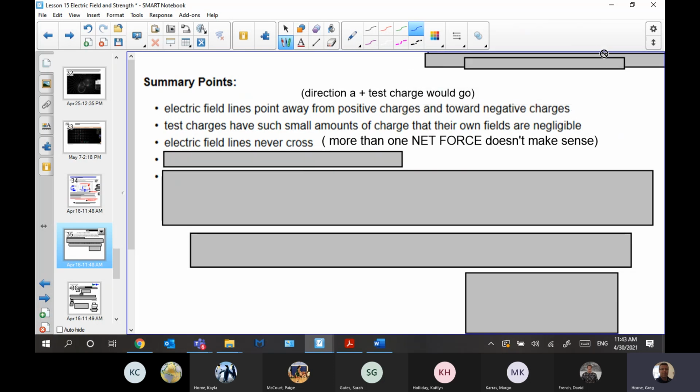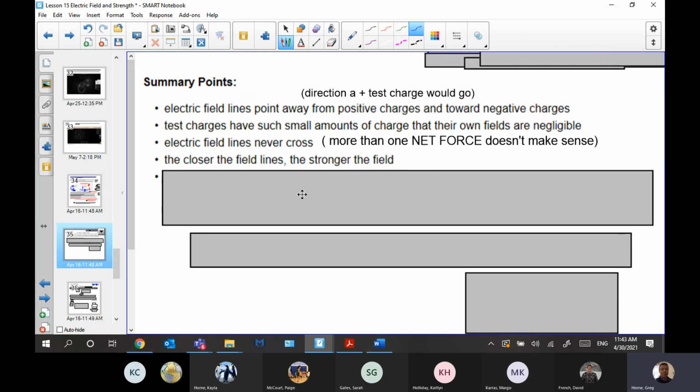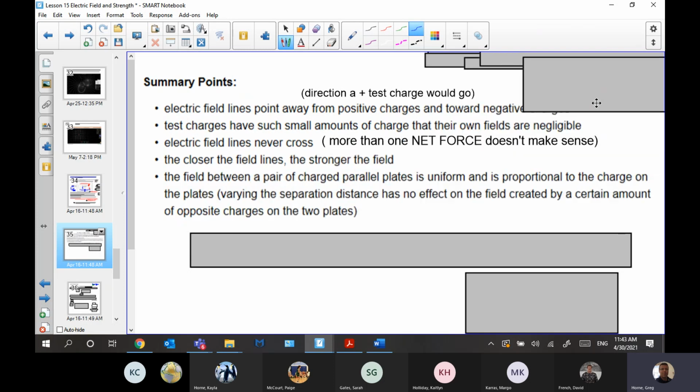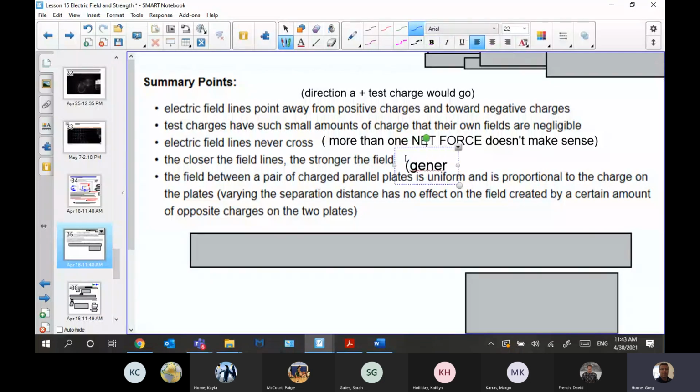The closer the field lines, the stronger the field, generally speaking, except when you have multiple charges and you have field lines terminating and so on. So this is generally true, I'm going to say. But with multiple charges, more of a reminder at this point that you've got to watch out for it.